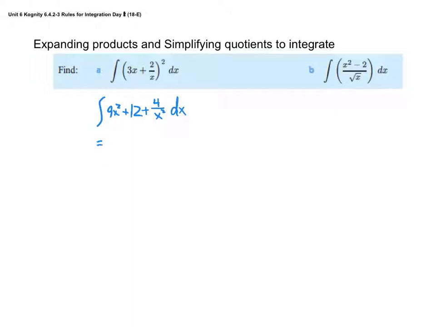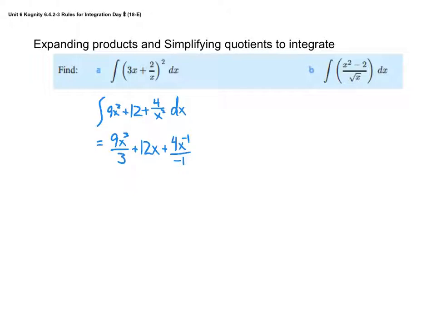The integral of 9x squared is going to be 9x cubed over 3. The integral of 12 is 12x. And since that's a 4x to the negative 2 power, it's going to be 4x to the negative 1 over negative 1.